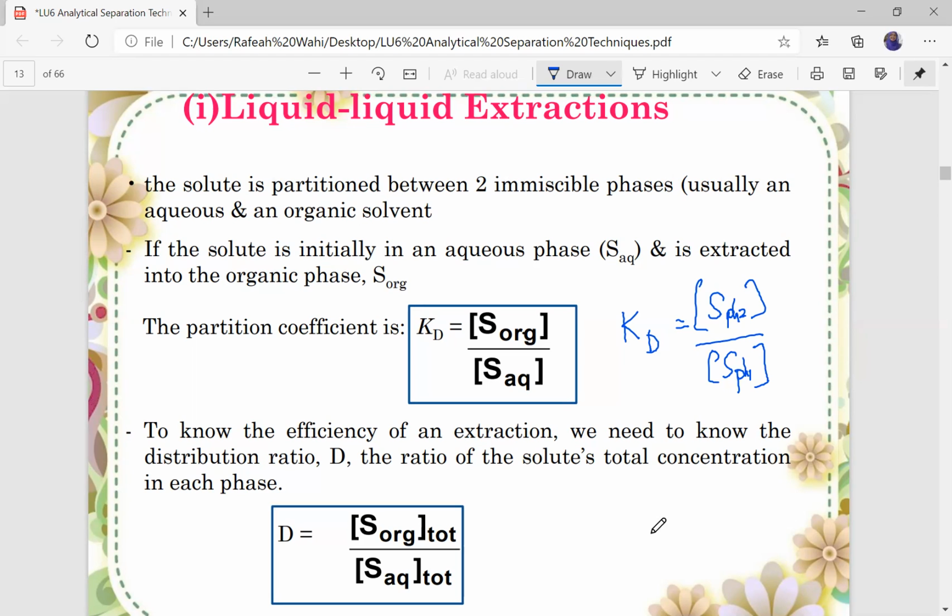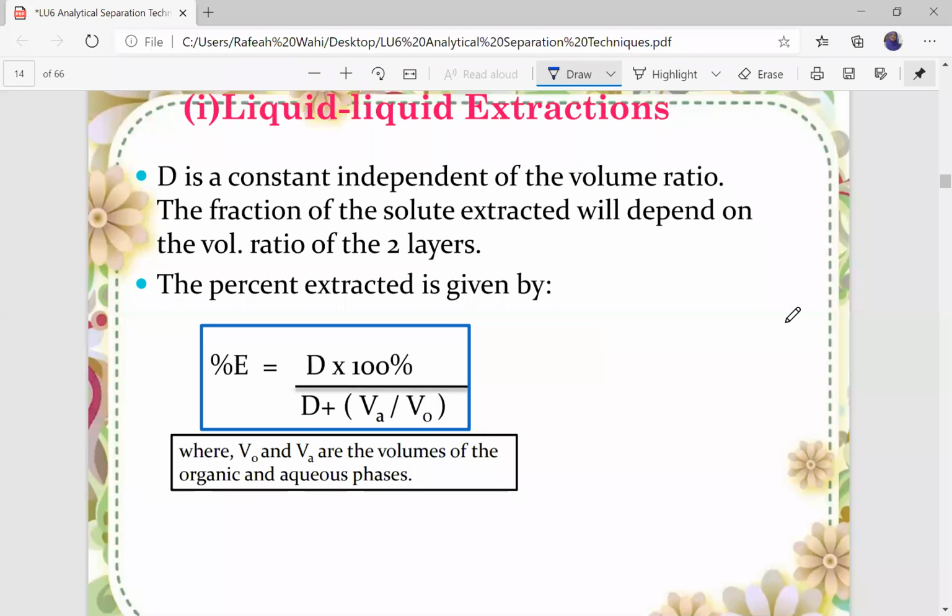To know the efficiency of an extraction, we need to know the distribution ratio, which is the ratio of the solute's total concentration in each phase. So D is represented by this formula: total concentration of solute in the organic phase divided by the total concentration of solute in the aqueous phase. D is a constant independent of the volume ratio, and the fraction of the solute extracted will depend on the volume ratio of the two layers.